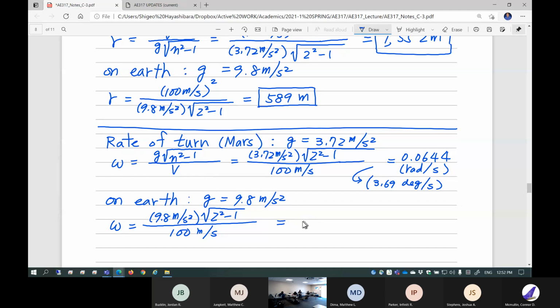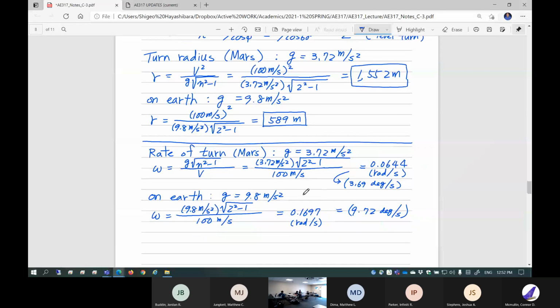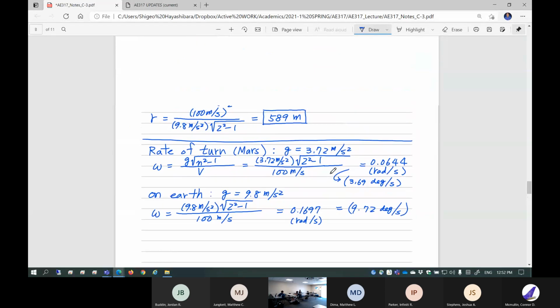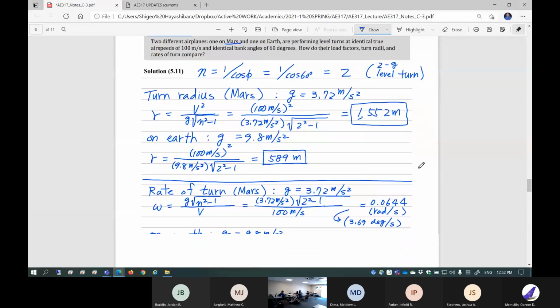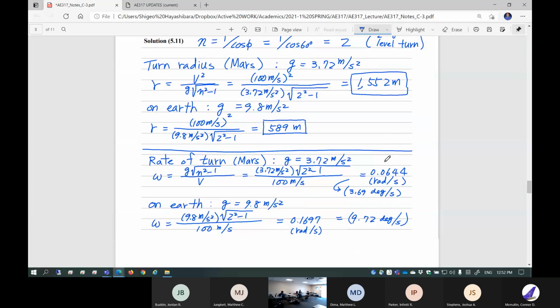This is going to compute 0.1697 radians per second, or 9.72 degrees per second. So this is a much higher rate of turn on Earth. This is a very simple exercise, just comparing Mars and Earth's performance, radius of turn and rate of turn.